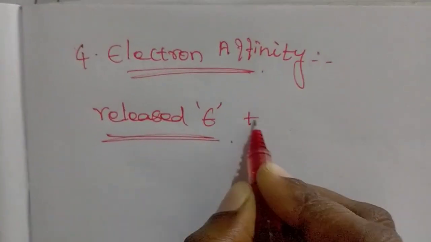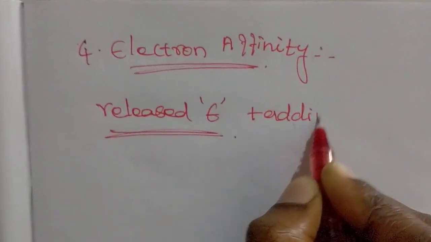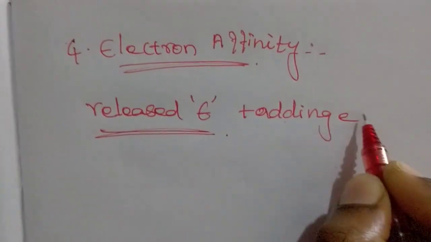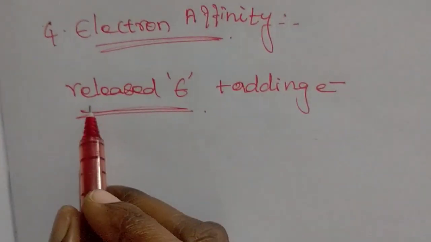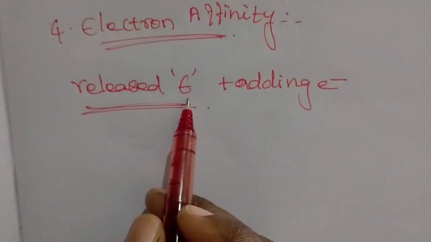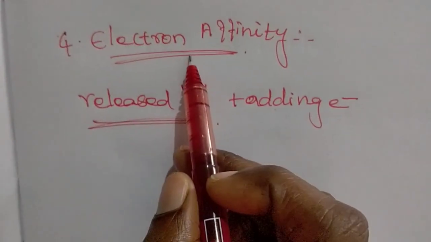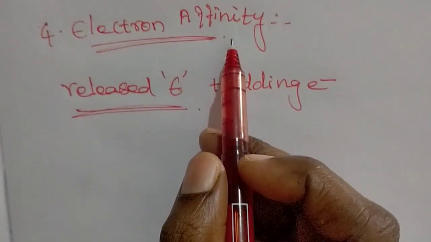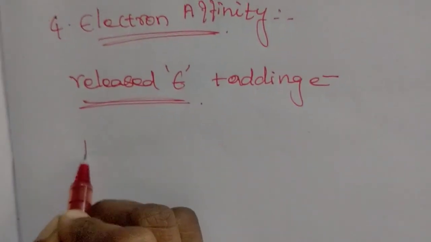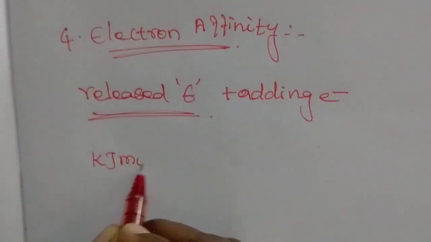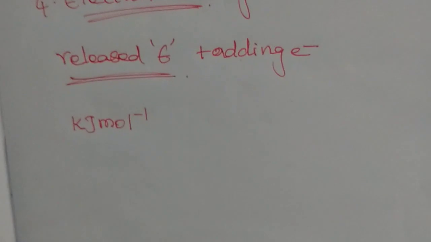For adding an electron to an atom, it releases some energy. That energy is known as electron affinity. Generally it is expressed in the unit kilojoule per mole, kJ mol^-1.